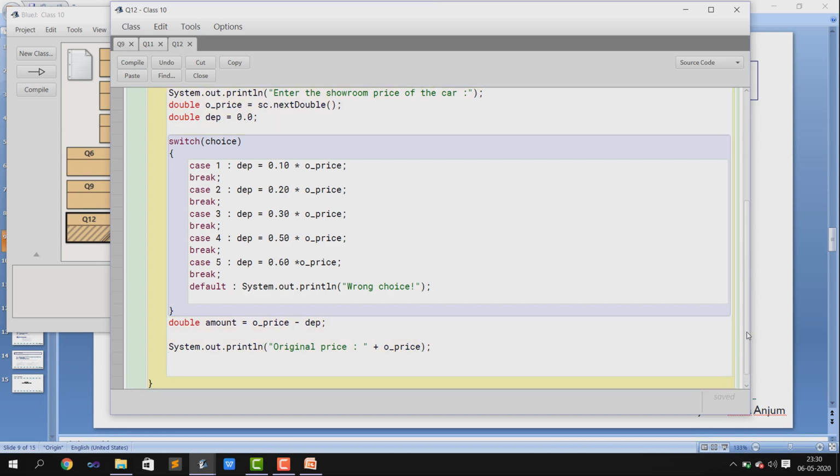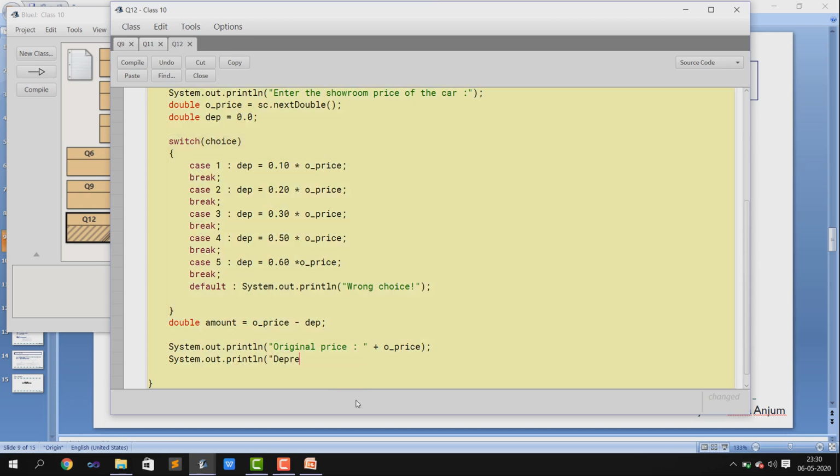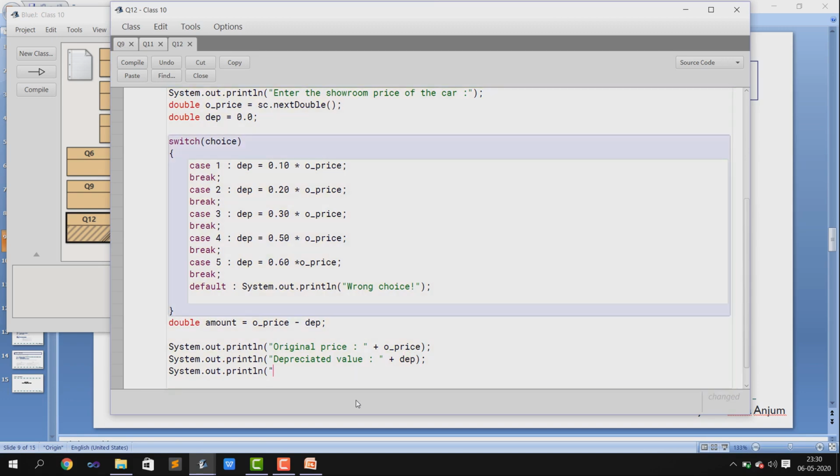Okay, then again let us copy this, system.out.println, paste it, depreciated value. What is your depreciated value? That is your DEP. Okay, and then lastly your final amount to be paid. That is basically your amount. Okay, so we are done with our question.